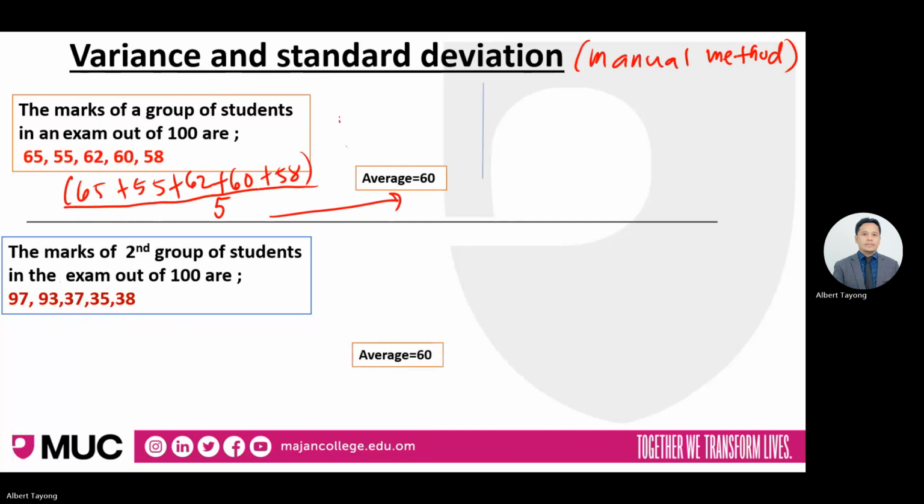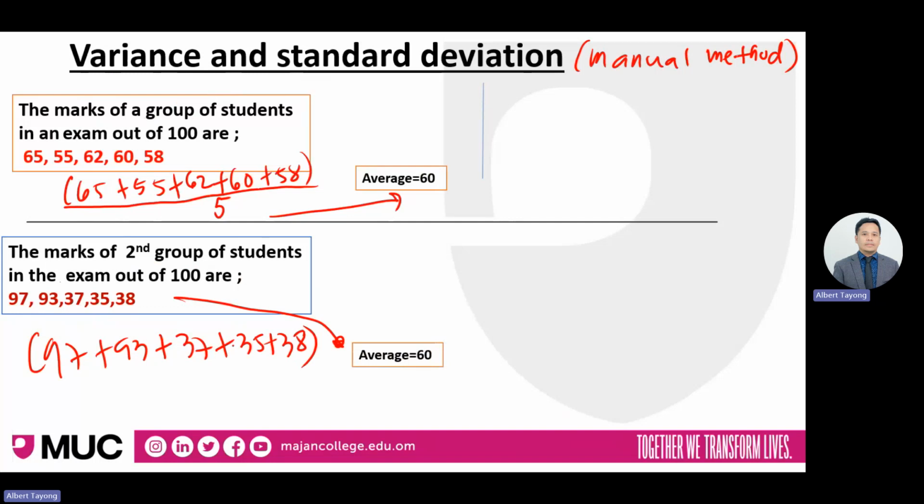And here, the average is also 60, if you add 97, 93, 37, 35, and 38. So the averages of the first group and the second group of students are equal, 60 and 60.